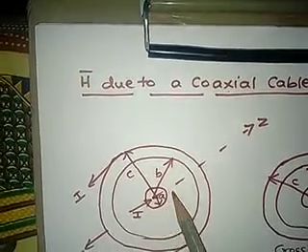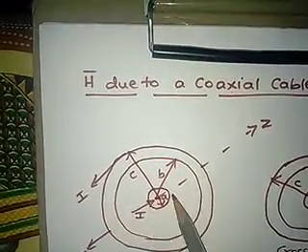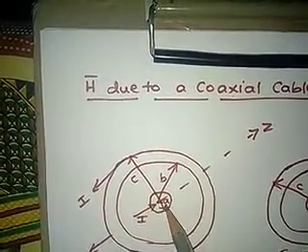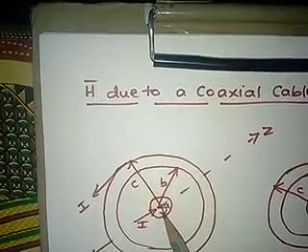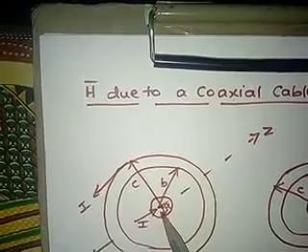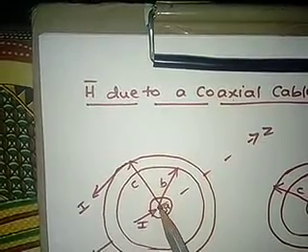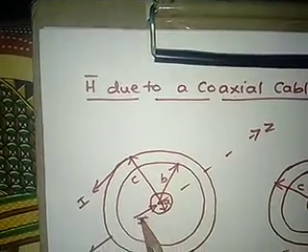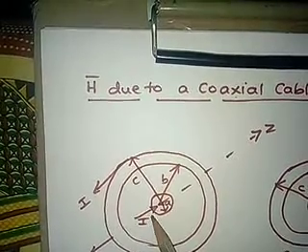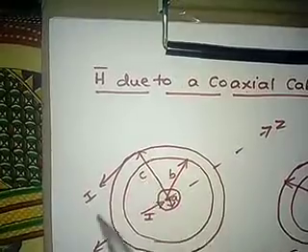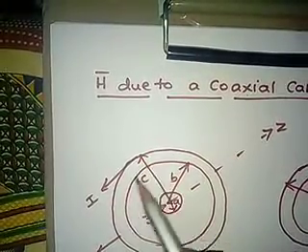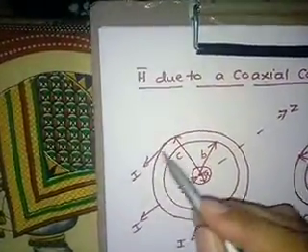The current flows through the coaxial cable through the inner conductor, and it is directed towards the center. So the current direction is shown inwards here, I. Whereas in the outer conductor, the current will spread out away from the center, so I have shown it outwards.